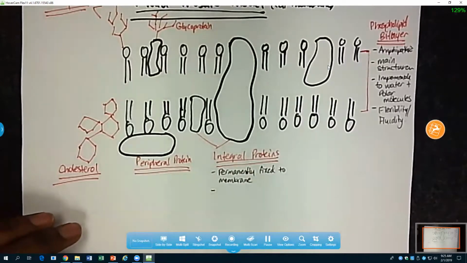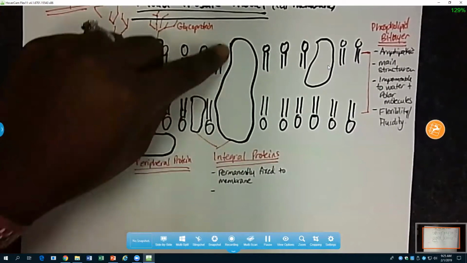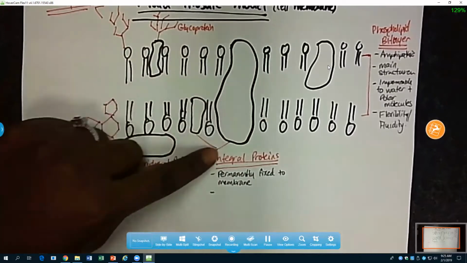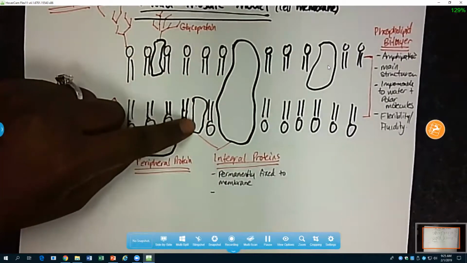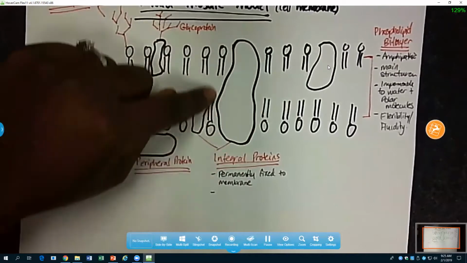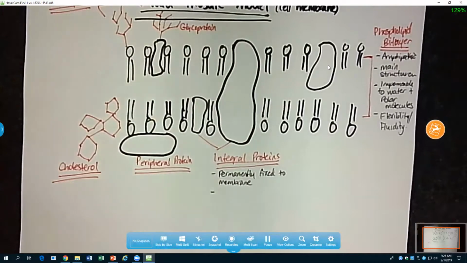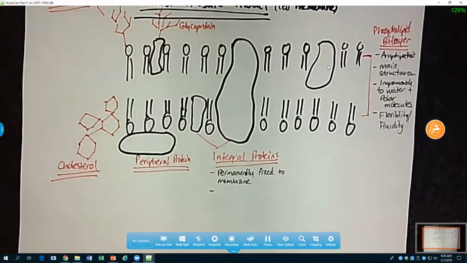Okay, now they can span the entire length of the membrane as we see here, or they can just be on one side. Okay, but important is that they're going to be fixed within the membrane. They're going to offer an integral role of structure and support to the membrane. They can be receptors, they can be channels, different types of function, but important to understand is unless this membrane is destroyed or damaged or this cell is lysed, this protein will remain within the phospholipid bilayer.